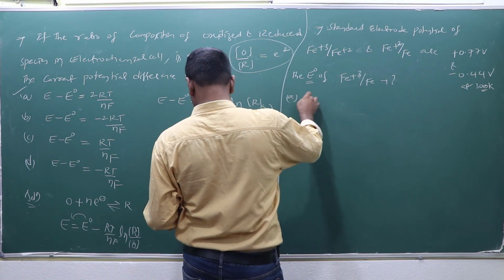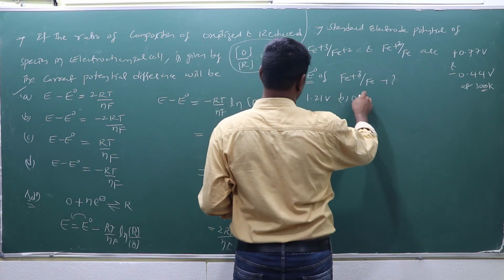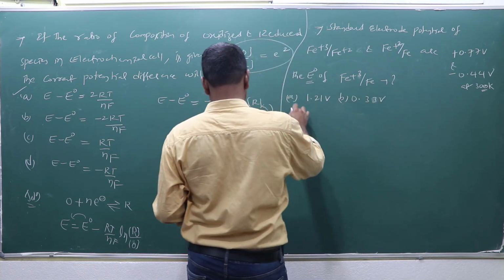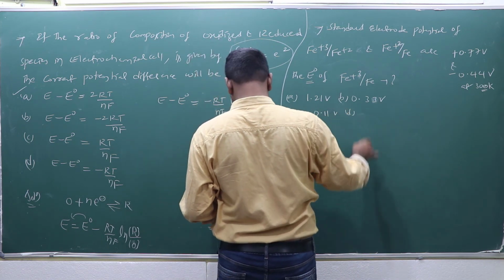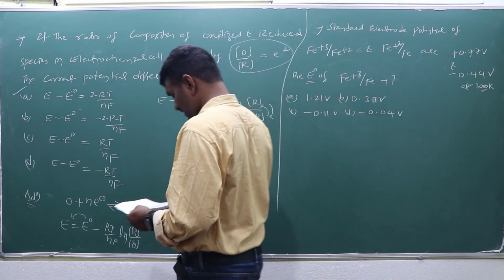Option A is 1.21 volts, 0.33 volts, minus 0.11 volts, minus 0.04 volts. These are all approximate values.